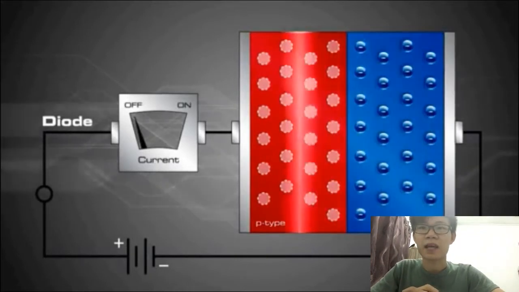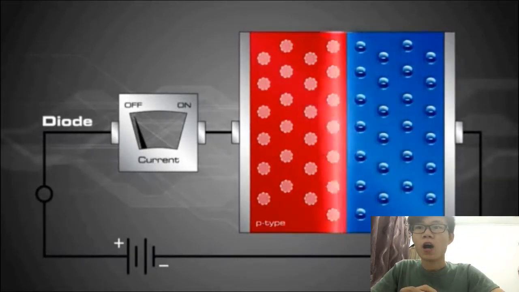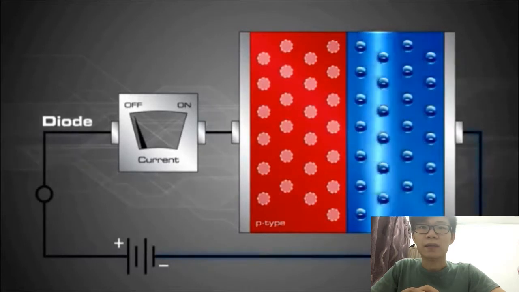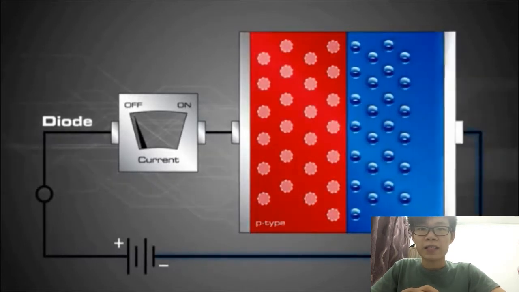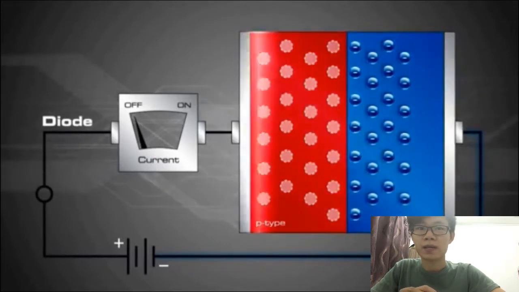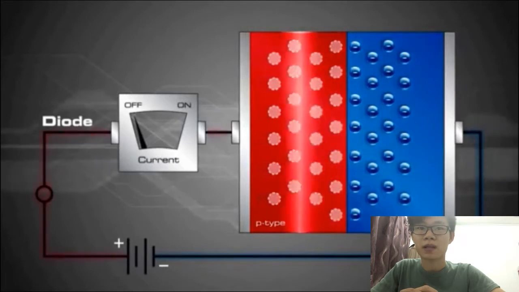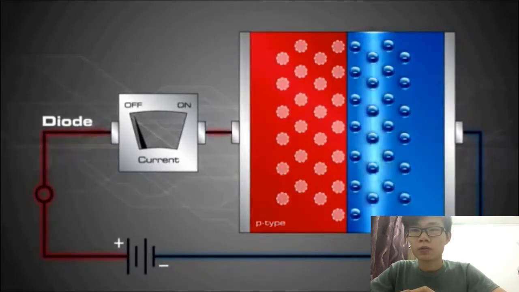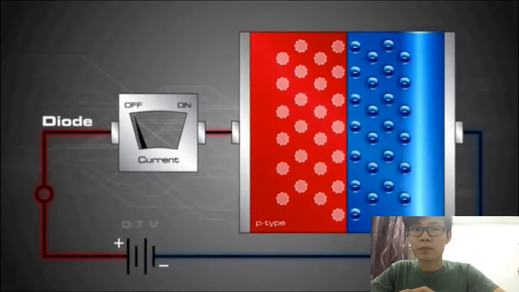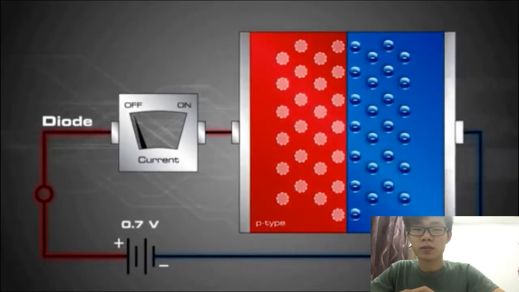Now let's connect the diode to a power supply, a battery with a light and a current meter that indicates current flow. The negative terminal of the battery is connected to the n-type silicon. We know that like charges repel, so the free electrons are pushed towards the p-n junction.